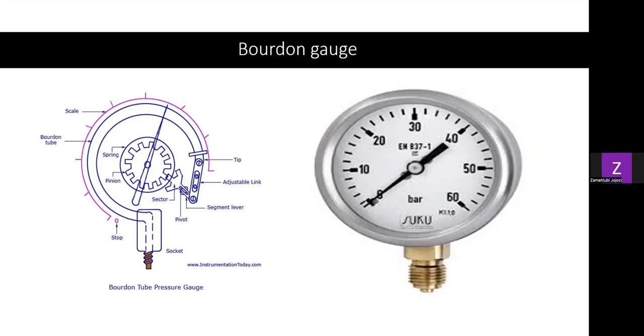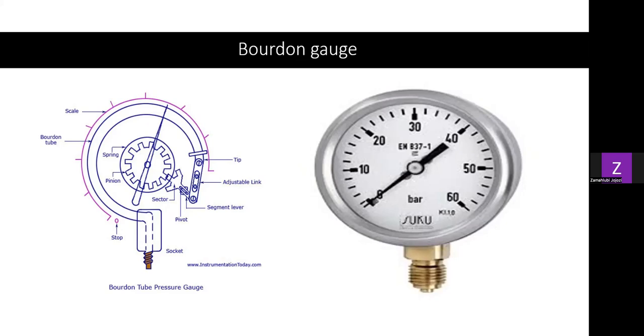Hi, Dr. Sukan. Can I try? So how it works is that when there's flow of gas going in through the socket, we have the bottom tube which straightens out or goes back to the C shape depending on how much pressure there is. When there's high pressure going in, the bottom tube straightens out.